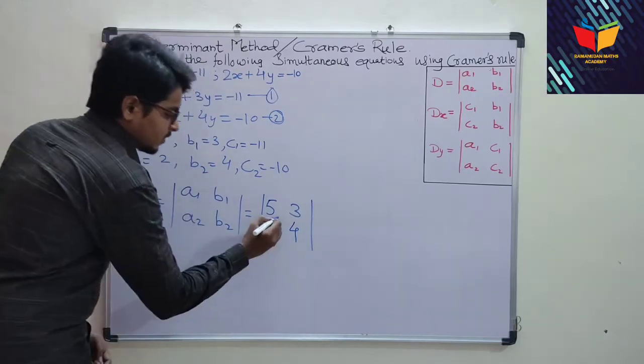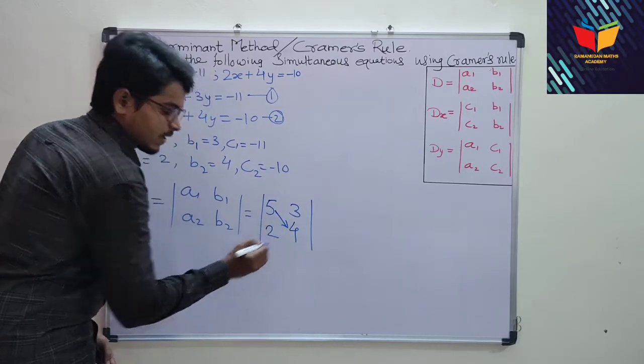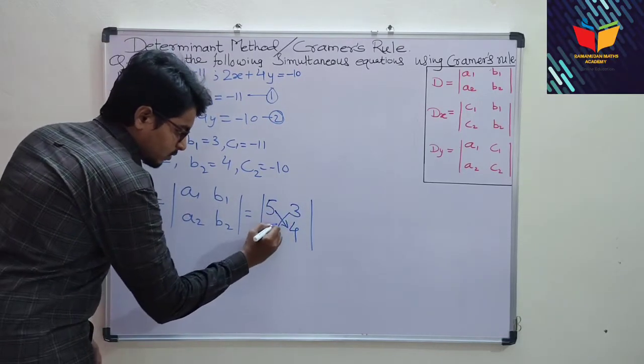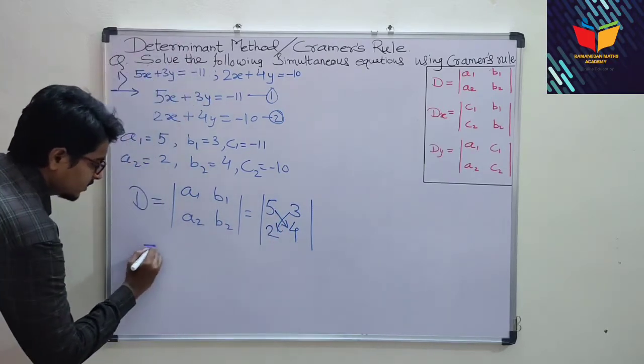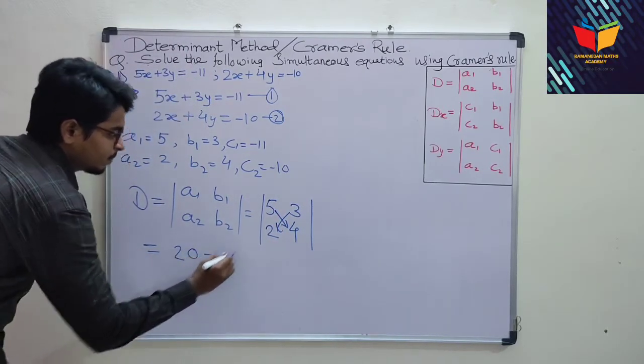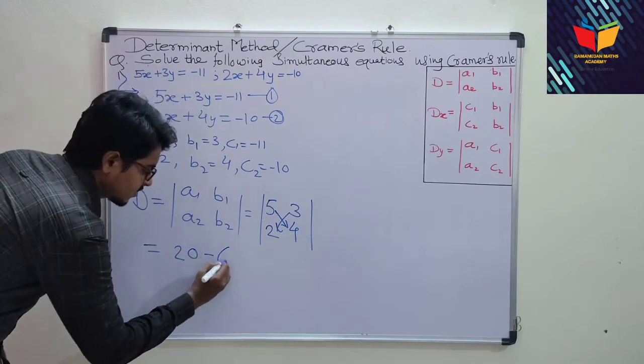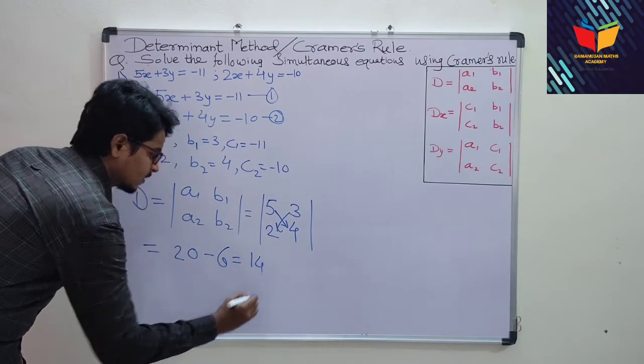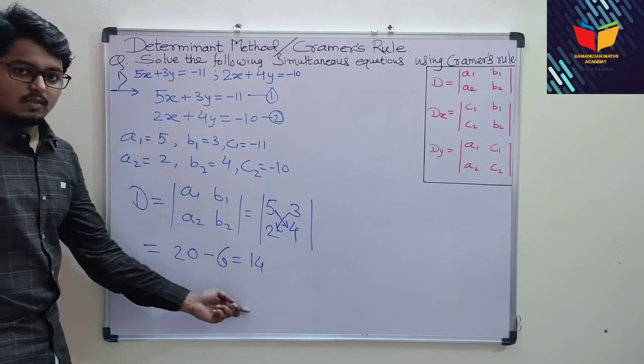Now find out, see 5 into 4 and then 3 into 2. So 5 into 4 is equal to 20 minus 3 into 2 is 6, which is equal to 14. So the value of d is 14.